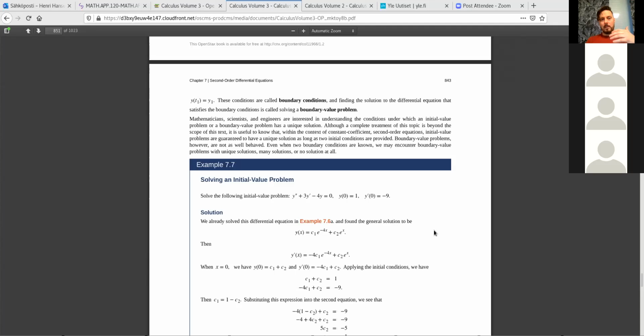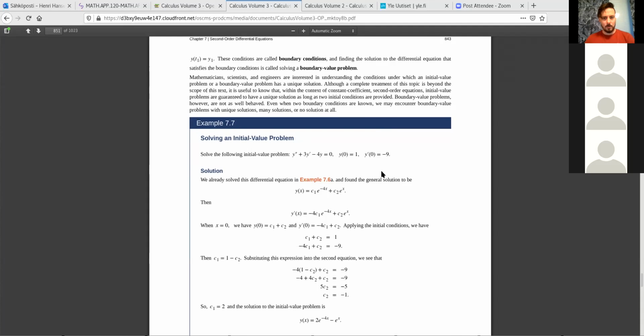With boundary value problems, this may be a problem, but with initial value problems, this usually is not a problem if it's one of these more common equations, and a pretty wide range of differential equations have this property that the initial value problem has a unique solution.